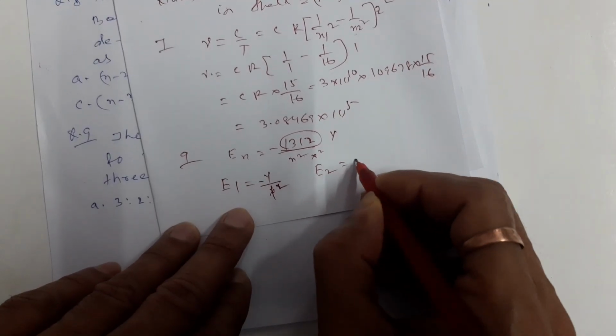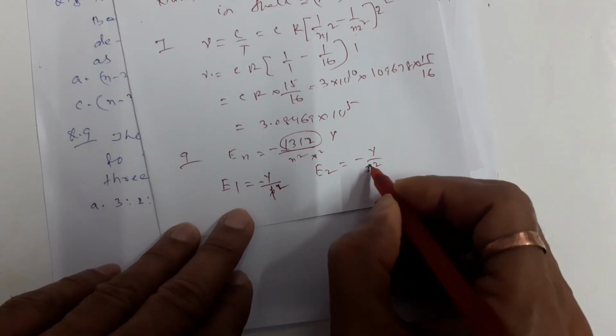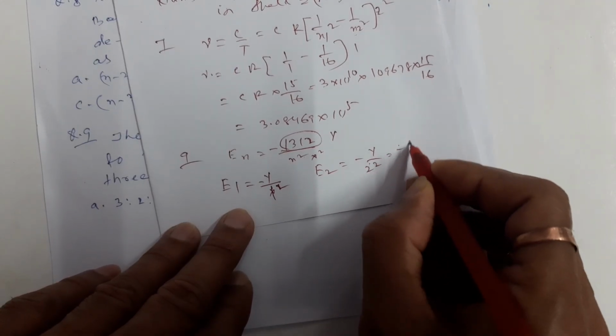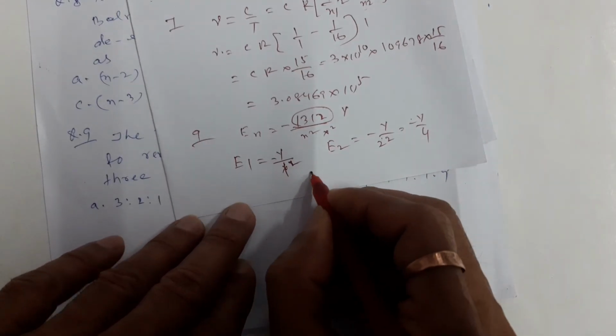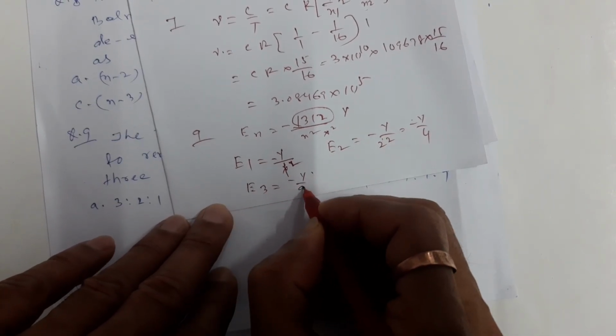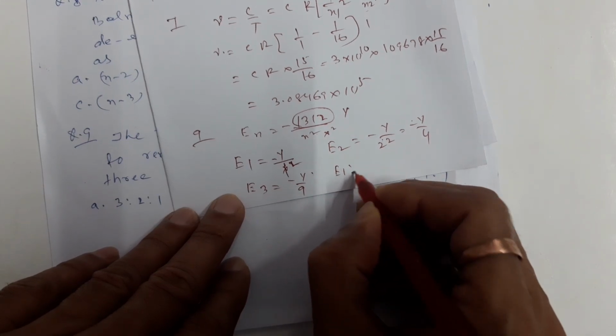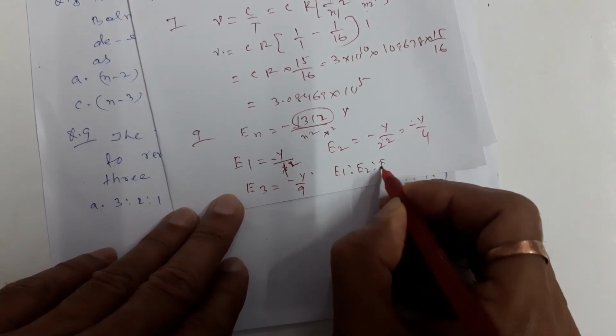E2 is equal to minus y by 2 square, that is 4, so minus y by 4. For E3, minus y by 9.